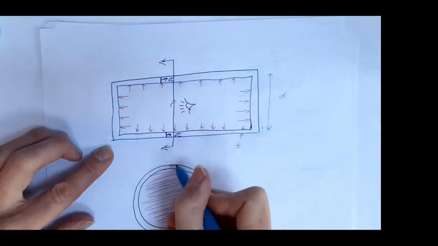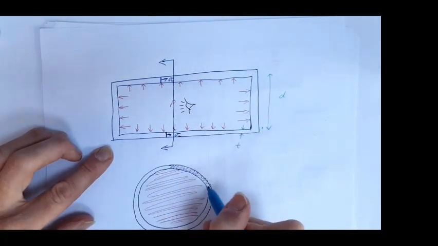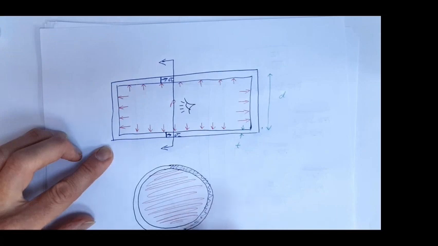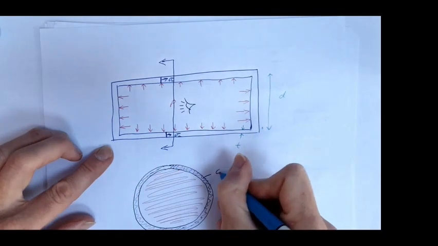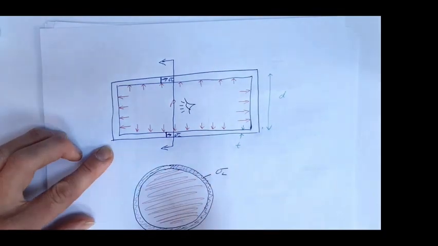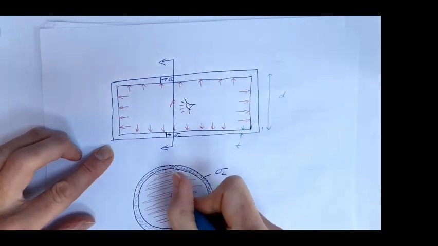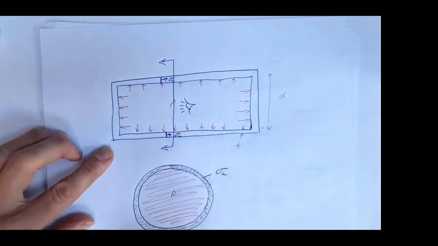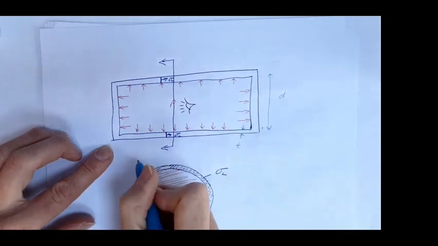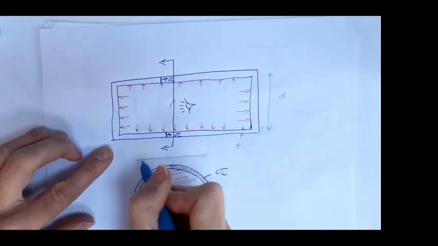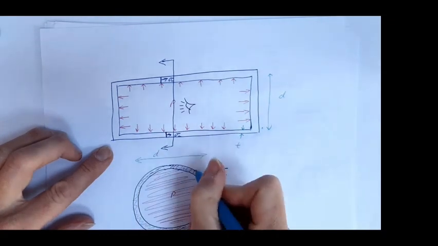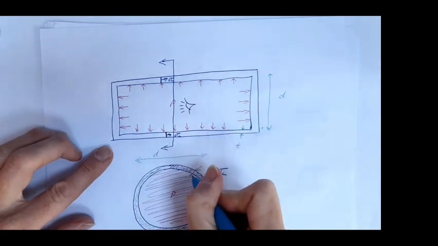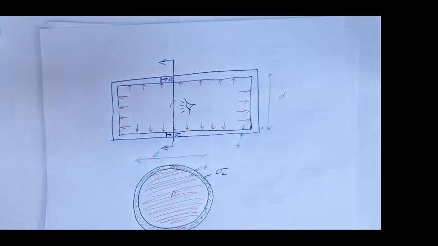It's acting on this blue shaded region here. That's my longitudinal stress acting on that surface, and my pressure is acting on this surface. This is diameter D and thickness T.